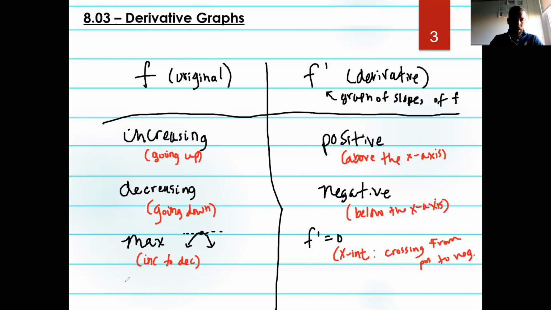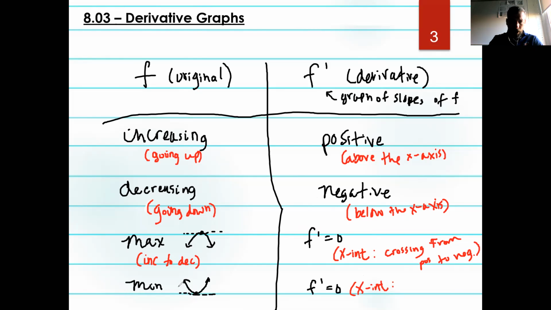And then finally, our minimum values. If our original graph is a minimum value, right, bottom, lowest, we still know that even for a minimum, the slope is still going to be 0, right? So for each one of them, they each have a slope of 0. The f prime is going to be 0. And for each one of them, that results in an x-intercept, or f prime crossing the axis.